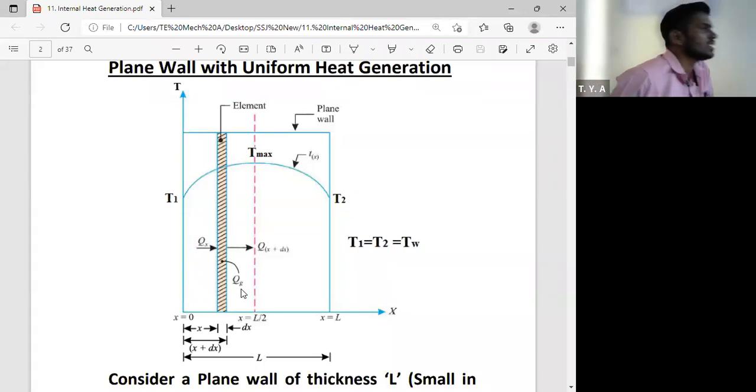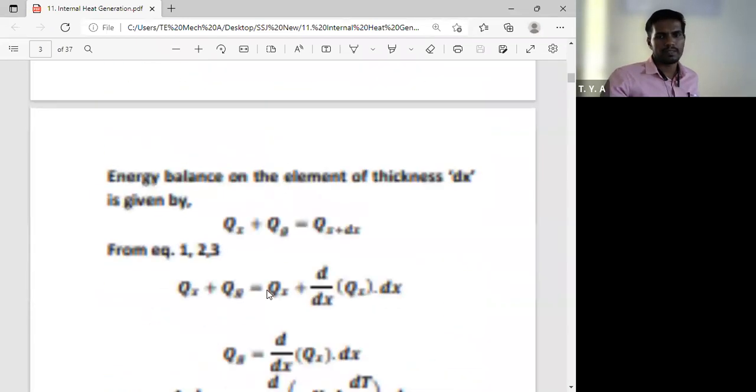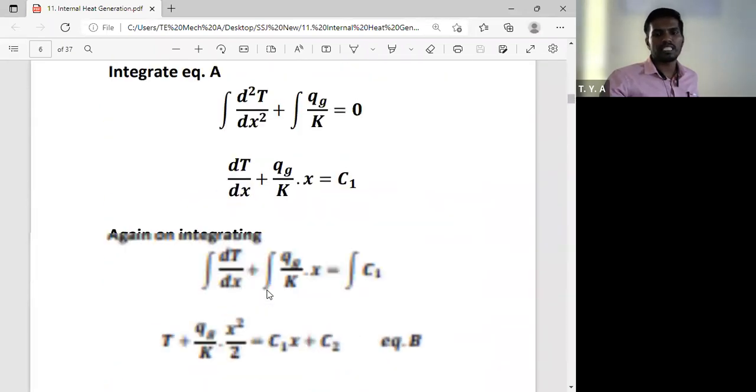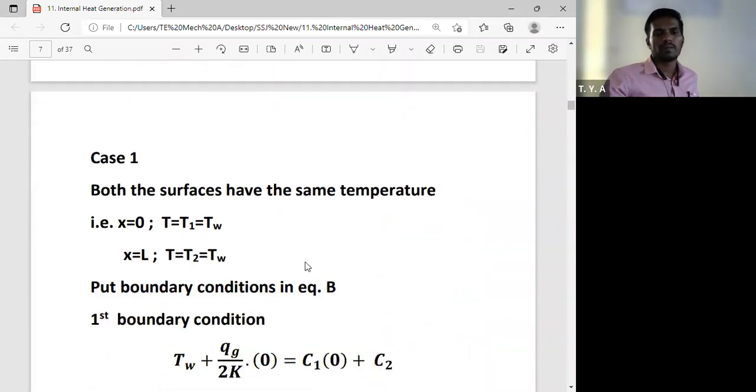We have considered that the left face has temperature T1 and the right face has temperature T2. So we have to use these boundary conditions and find out the values of C1 and C2. Okay, so all of you do this. Find out the values of C1 and C2.